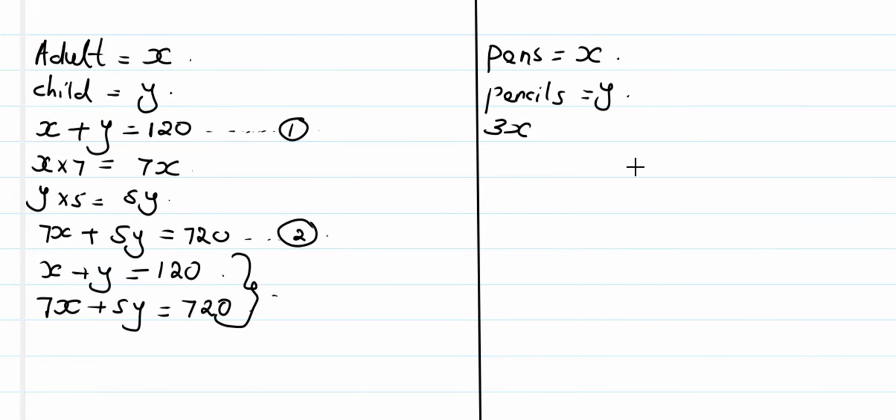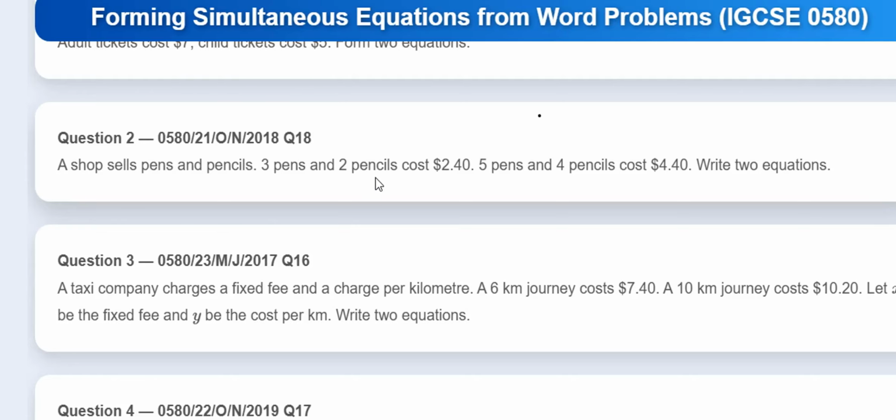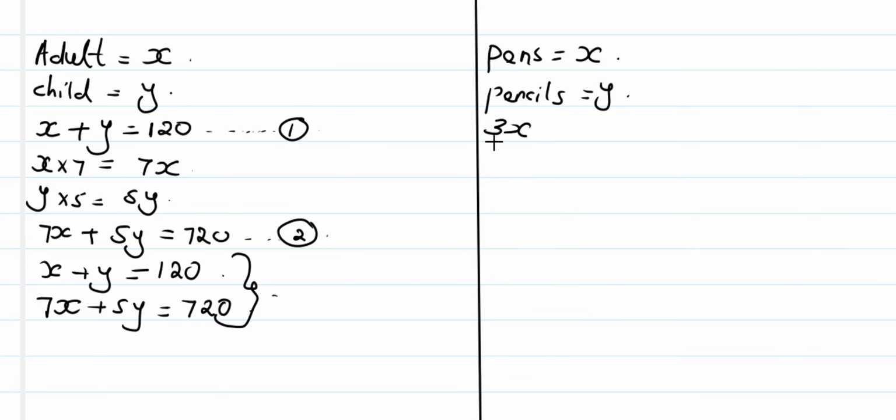And then you are told 2 pencils, which will be 2Y, because pencils are represented by Y. The total of these 3 pens and 2 pencils, 3X plus 2Y, is $2.40, like that. So this becomes our first equation.